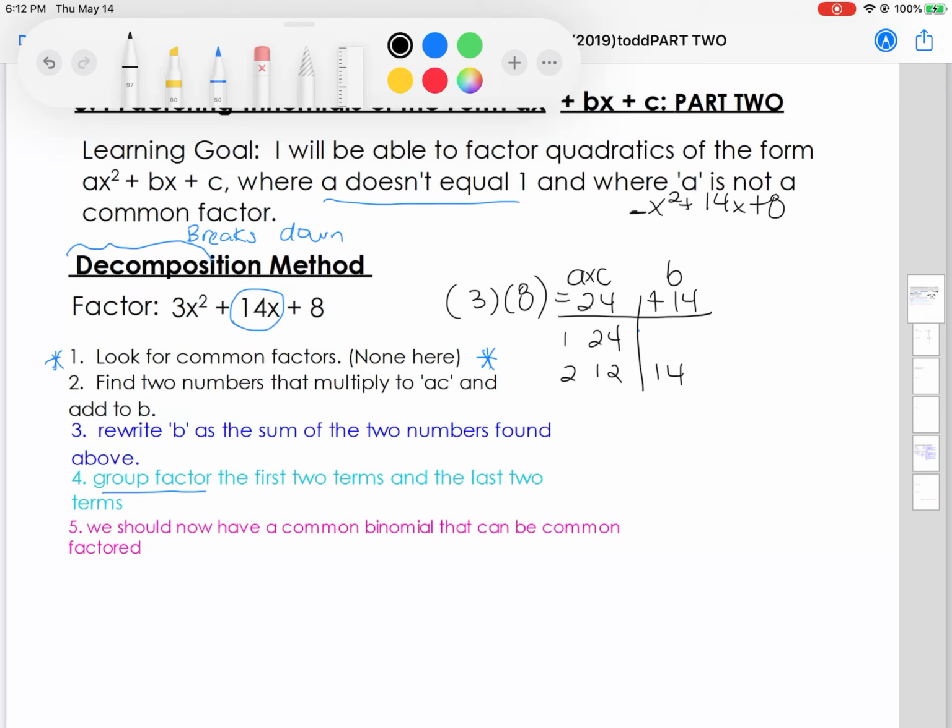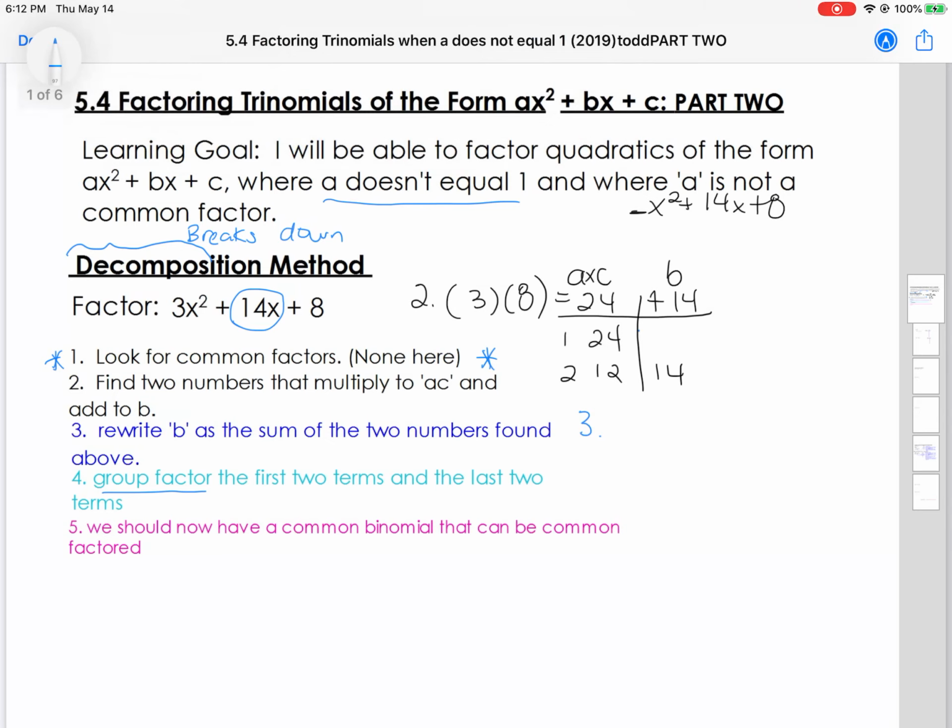So now I'm going to number them the same way. This is step 2. Then step 3 says rewrite B, that's this term here, as a sum of the 2 numbers found above. So we're breaking down, or decomposing, that number. 3x squared stays the same, and so does the 8 at the end. We're just changing the middle term.